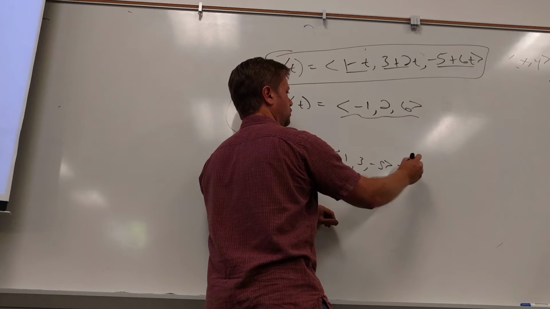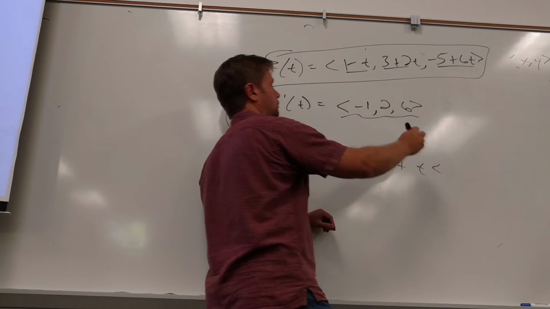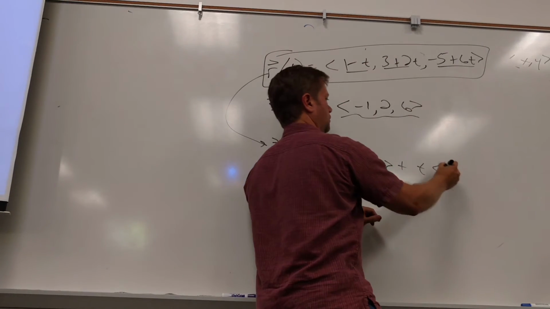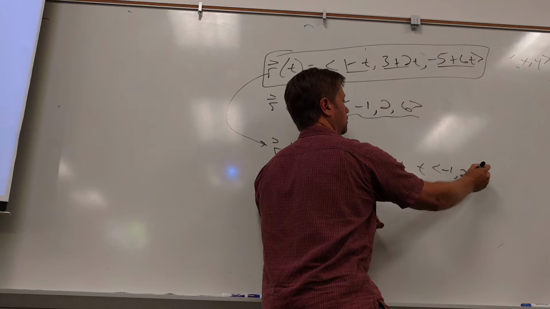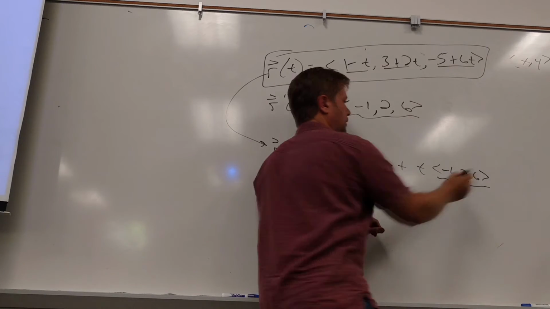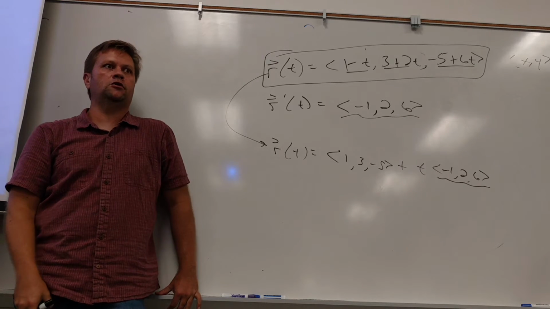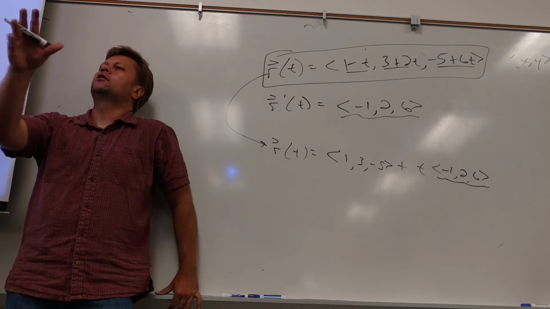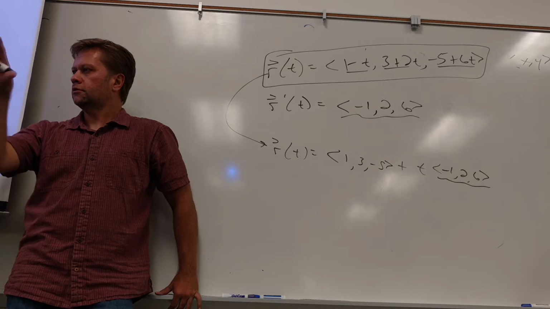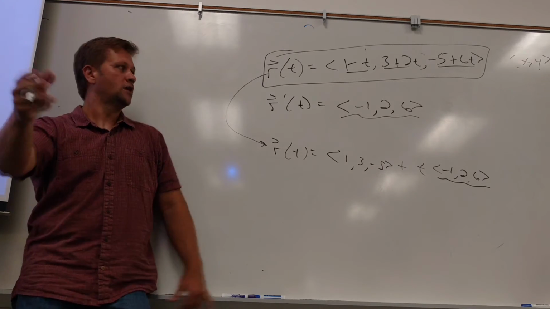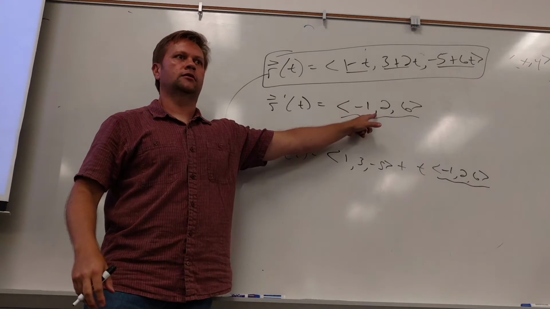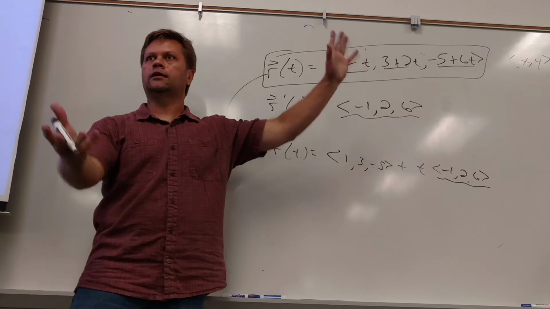And then I'm going to add it to t times -1, 2, 6. That's the direction vector, right? And it makes sense. If I took the derivative of something that's just going in the same direction always, then the answer should be that. Again, this is my m.